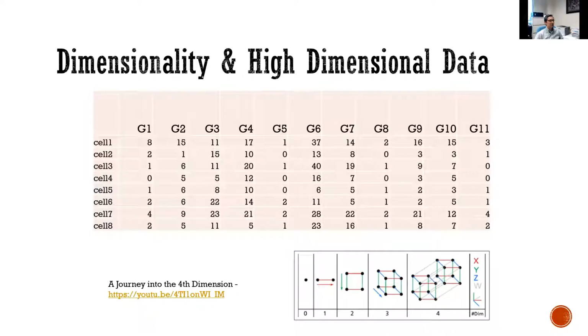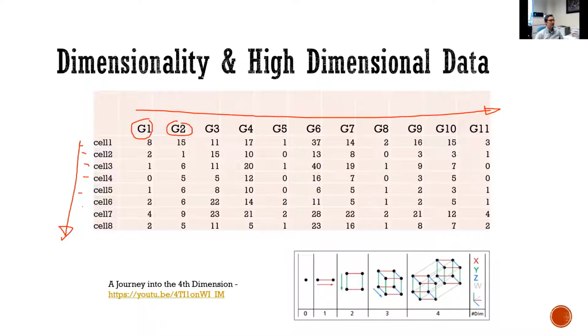After I transpose the original UMI matrix, now I have cells in my rows and genes in my columns. Now we have to understand the dimensionality of your data. You can define the samples, in this case cells, using either 1 gene or 2 genes or 3 genes or more.